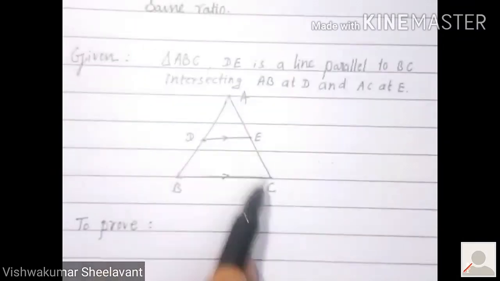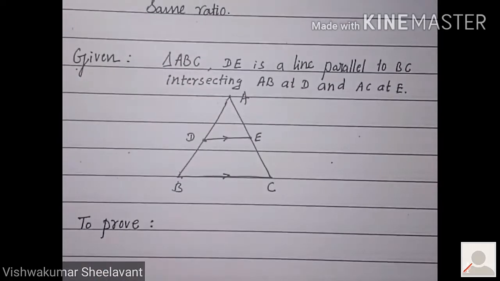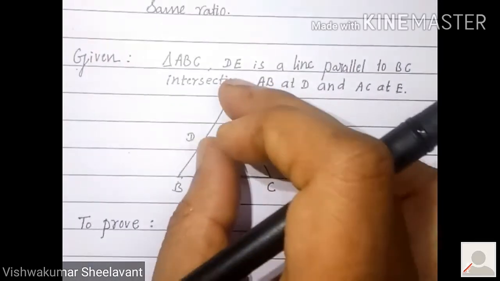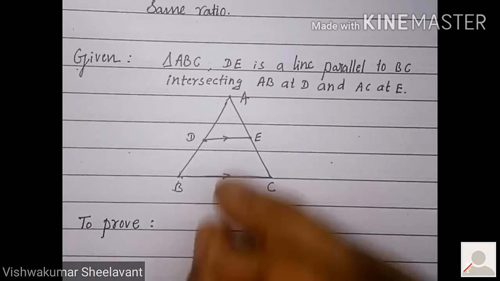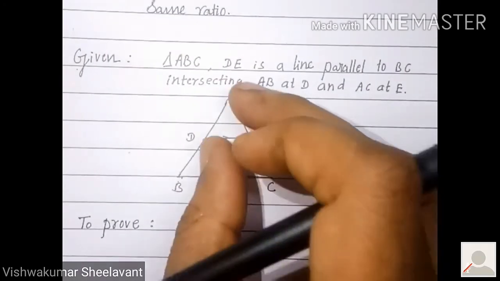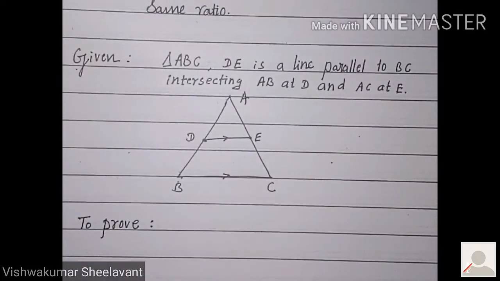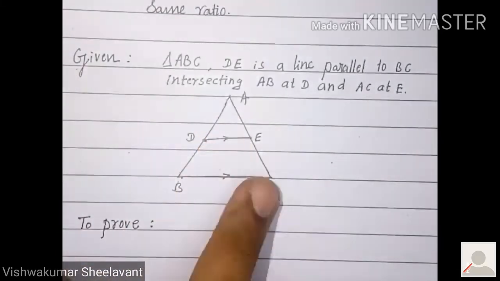In AC, the two parts are AE and EC. If you take the ratio of AD to DB, then that ratio will be equal to the ratio of AE to EC.